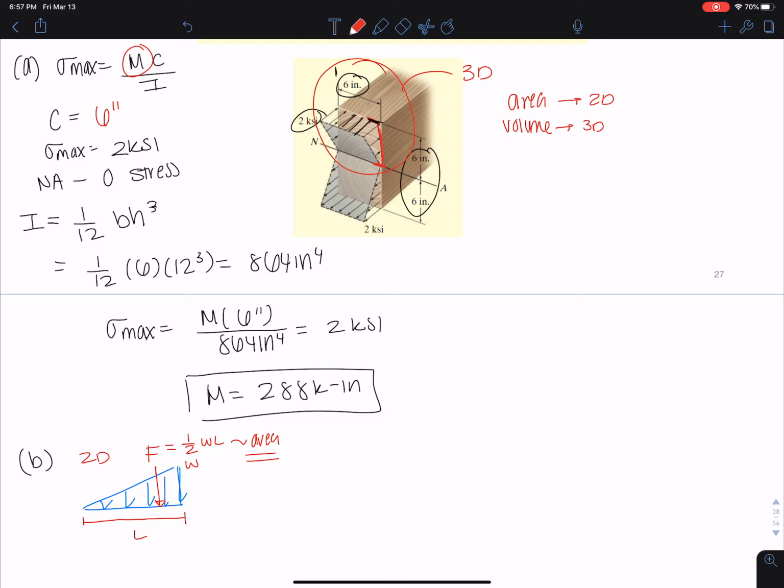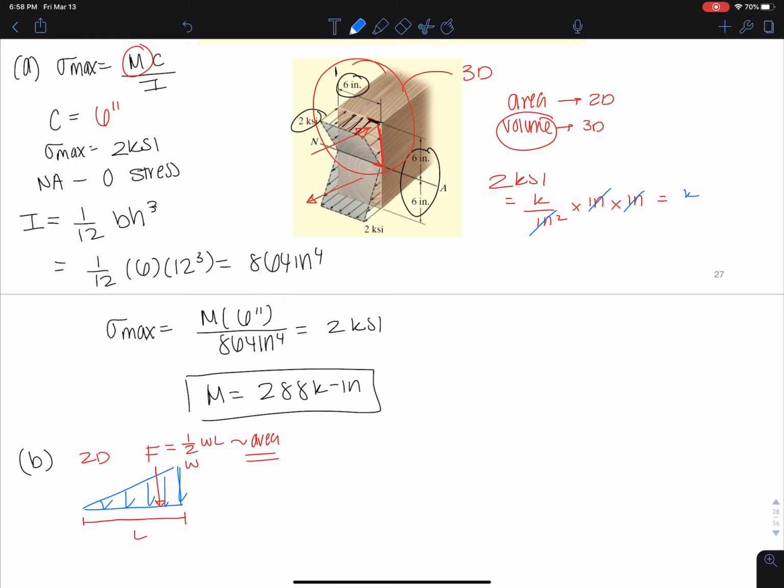So to get the resultant force, basically the area here, I need to get the volume of what's happening. And it makes sense because here I'm given 2 ksi, and ksi is kips per inch squared. So I need to multiply it by inches squared to get it into units of force.